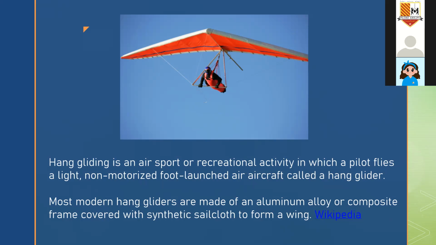Most modern hang gliders are made of an aluminum alloy or composite frame covered with synthetic sailcloth to form a wing. Thank you. And this information was brought to you by Wikipedia.